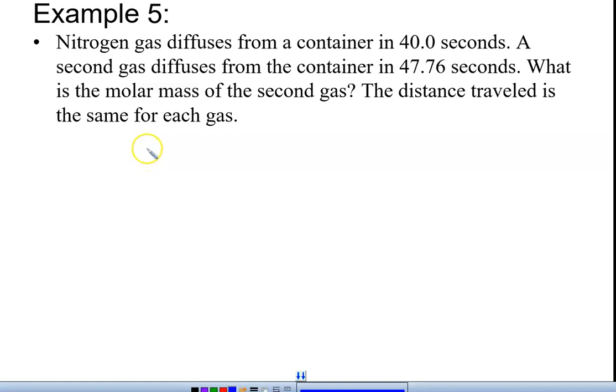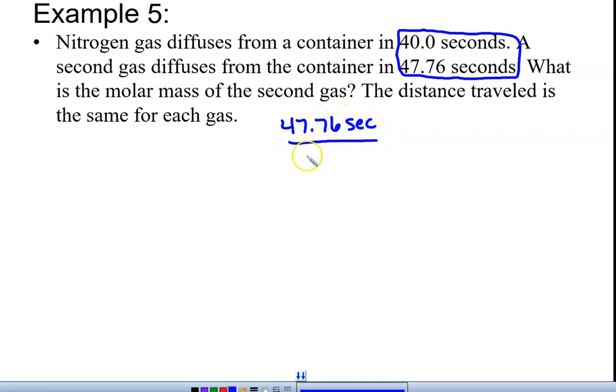So we know we eventually have to use Graham's law, but this time we've been given the times of the two gases. In the previous video I said if you have the two times you can always find the times faster, and that is not Graham's law. When you find that, it's just time. So I can do 47.76 seconds, the bigger number, divided by the 40 seconds.